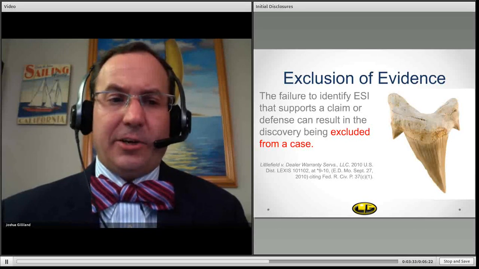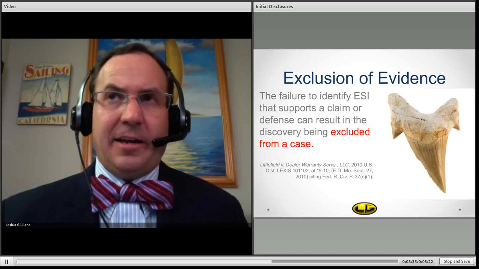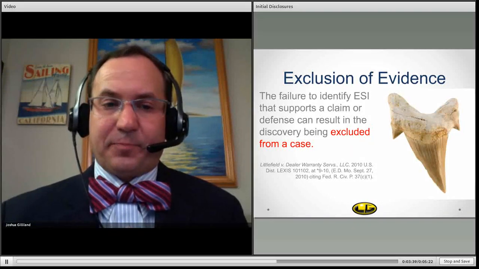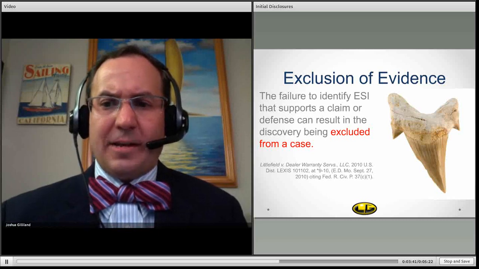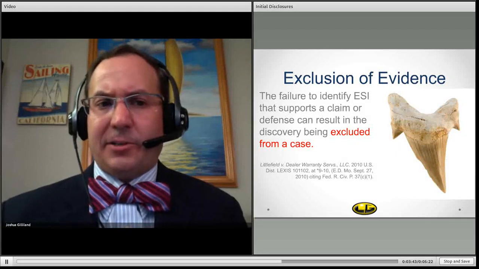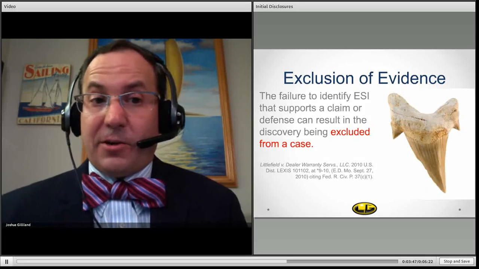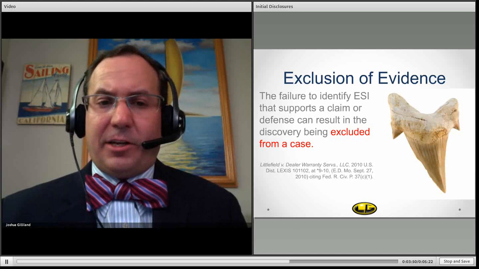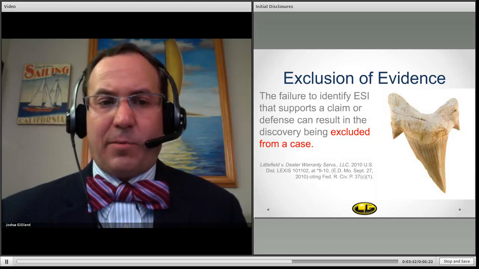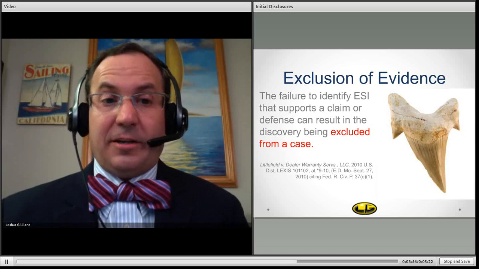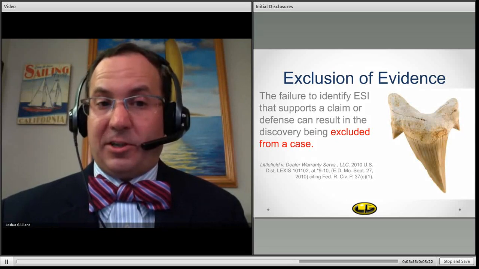So when you look at the interplay of Rule 26A, it plays with several other sections of the code and also has some real teeth behind it, because if you do not disclose something you wish to later use, you're barred from using it. And there are plenty of cases where this has happened, and then the problems that have flowed from failures to disclose information that supports a party's claims or defenses.